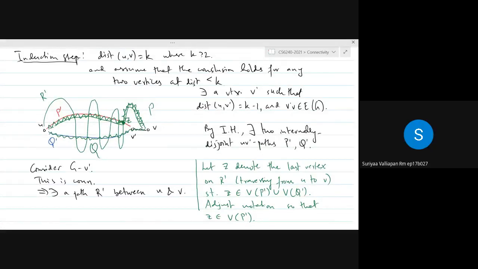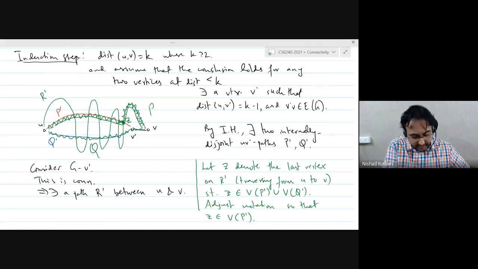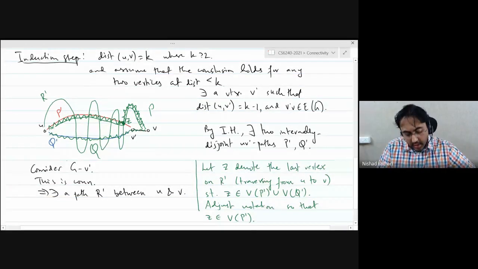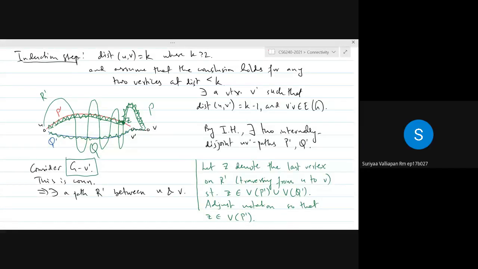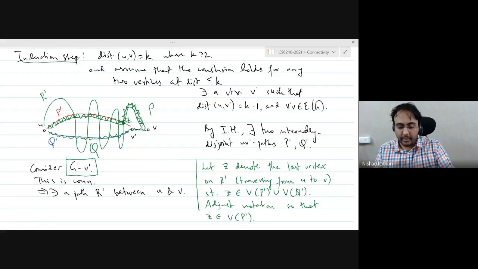Sir, I had a clarification. Yes, go ahead, Surya. What exactly is G minus V prime? It is the graph obtained by deleting the vertex V prime from the graph G. Right? So we are going to delete this vertex and we are going to look at the remaining graph. When you delete a vertex, you also delete all the edges incident at that vertex.